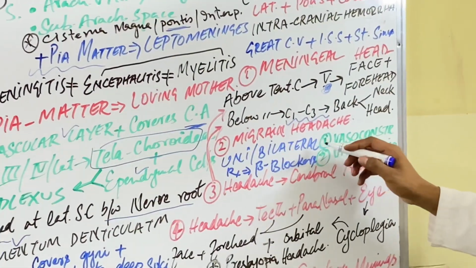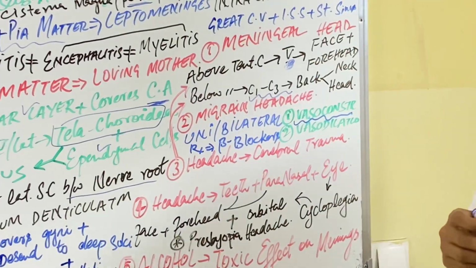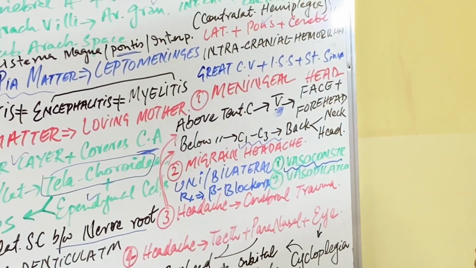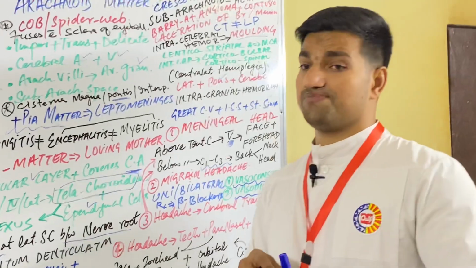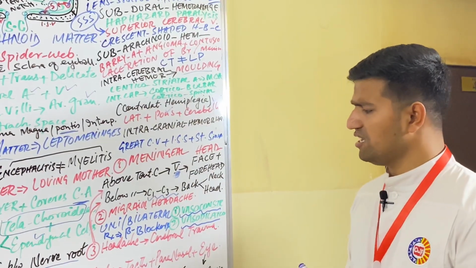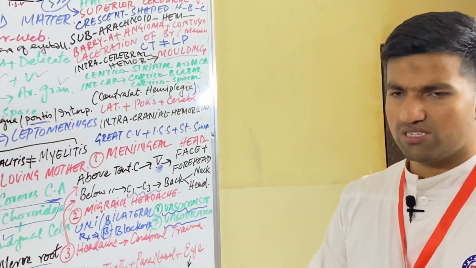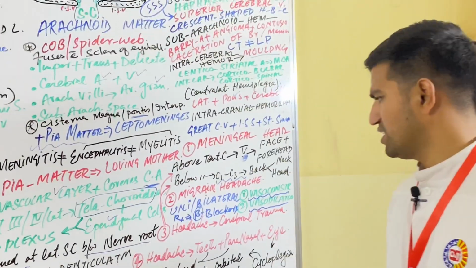Unilateral or bilateral headache with vasoconstriction of the veins coming from the visual cortex, because visual disturbance is the main feature, and vasodilation of the other cerebral arteries. Due to this, we give beta blockers to reduce the vasodilation and help in migraine. Another drug, sumatriptan, will also be given in migraine.